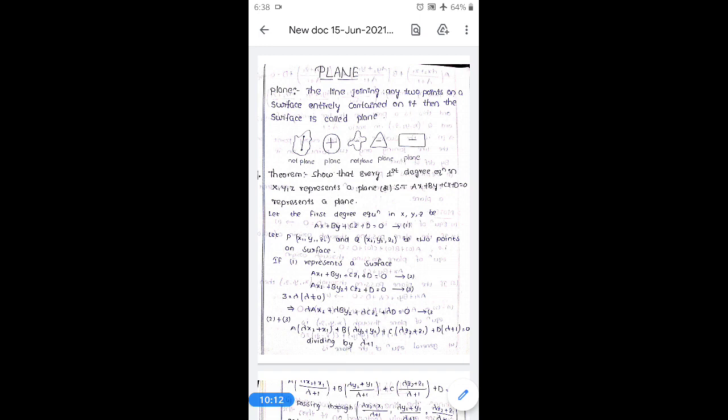Dividing by lambda plus 1 will give A into (lambda x2 plus x1) by (lambda plus 1), B into (lambda y2 plus y1) by (lambda plus 1), C into (lambda z2 plus z1) by (lambda plus 1) plus D is equal to 0. Call it the fifth equation.